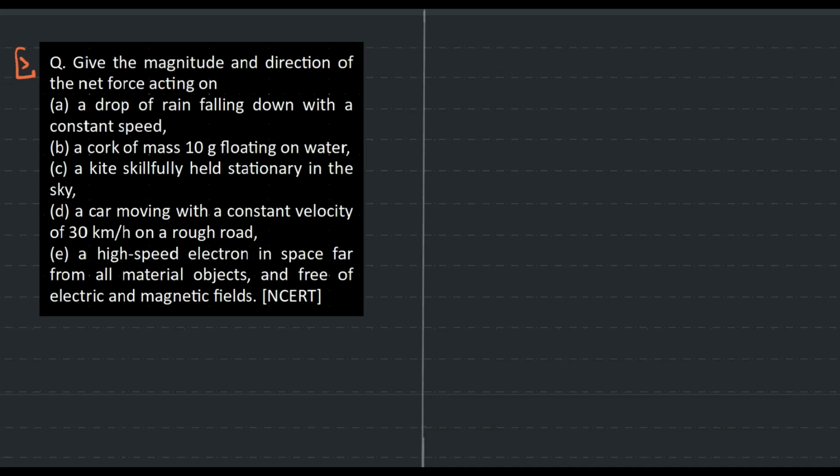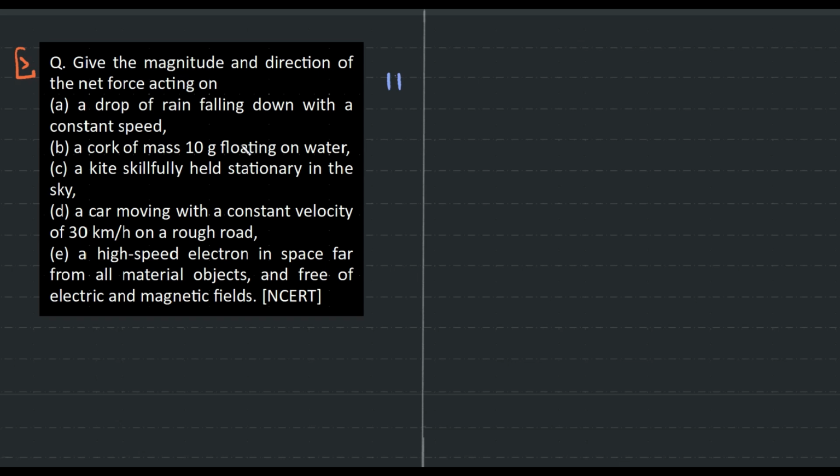Give the magnitude and direction of the net force acting on the following scenarios. So it's time for you guys to try.